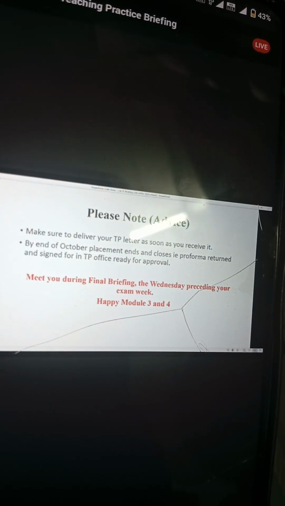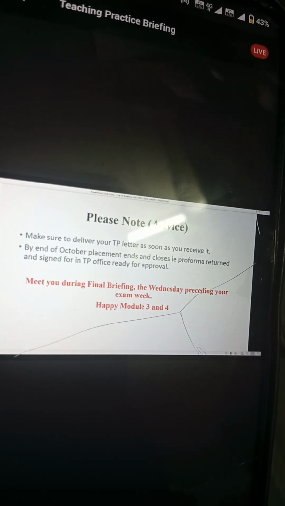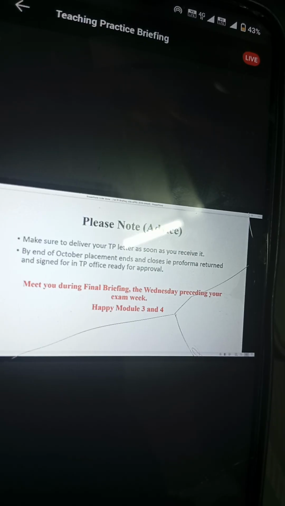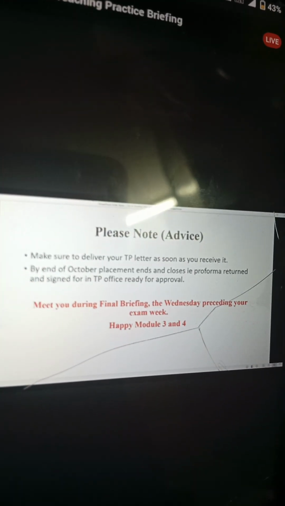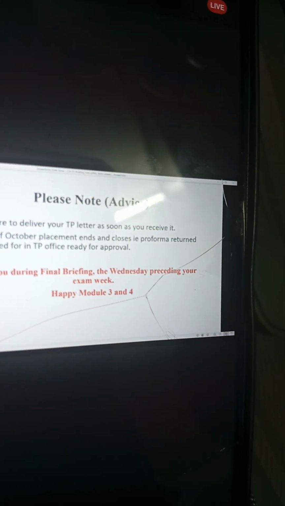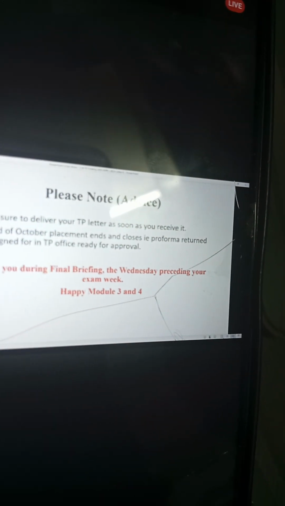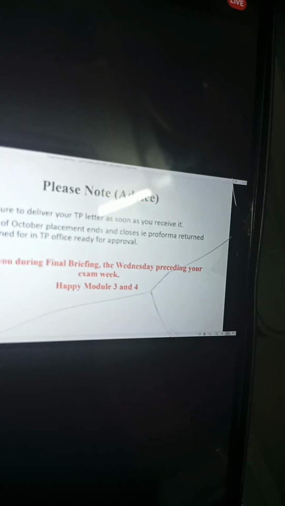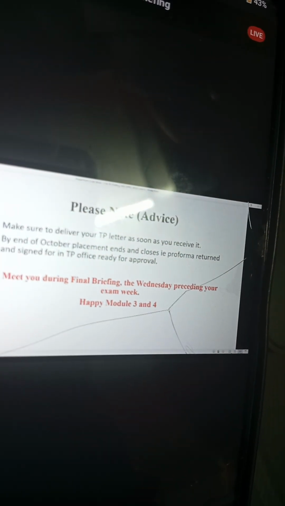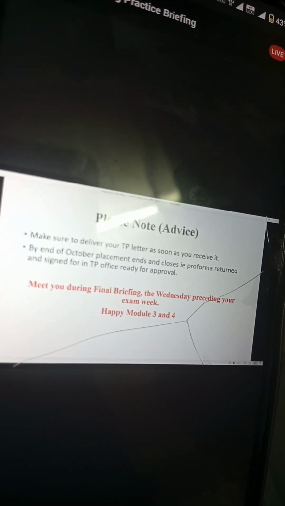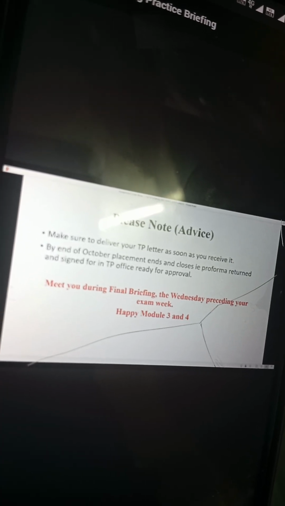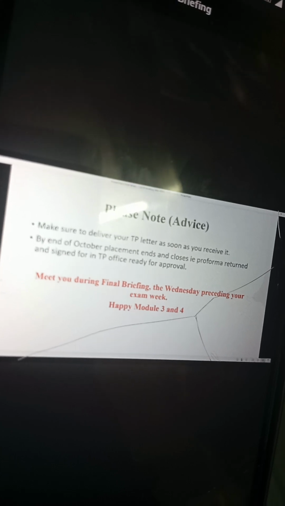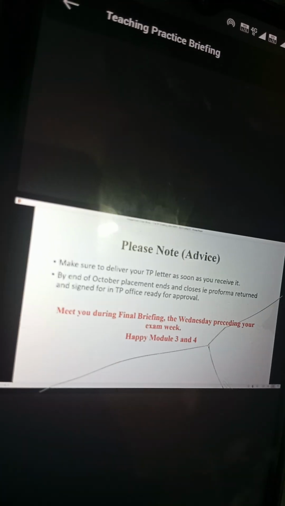Good. By the end of October, please note, that is when you'll be doing your exams. By the end of October, we expect to have finished all placements. The requests are ending by next week. It's something simple. But placement is now when you register for that unit and you are approved. So we'll give you up to the end of October.